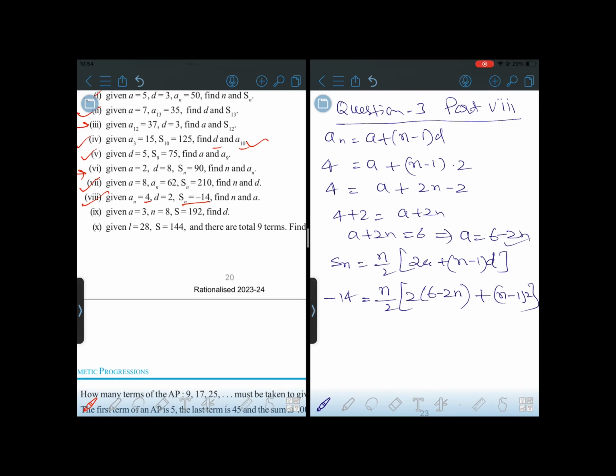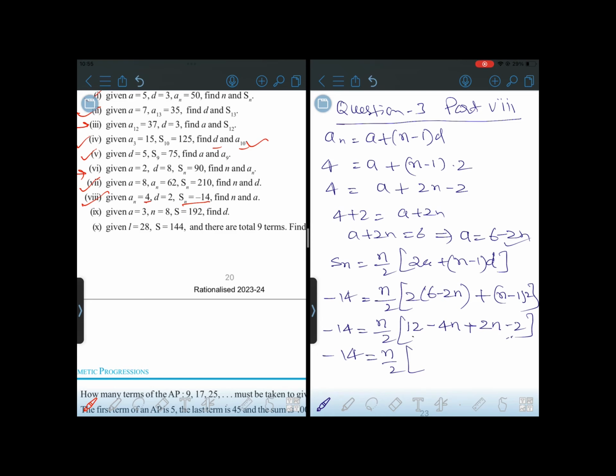Once you further solve this, it becomes minus 14 is equal to n by 2 in bracket 12 minus 4n plus 2n minus 2. That gives us minus 14 is equal to n by 2.